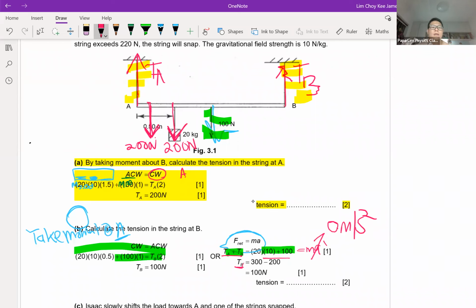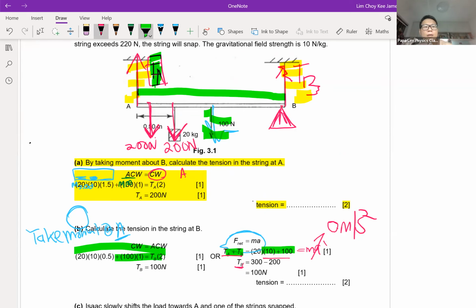So what we are looking at is, as I shift to A, the tension in string A, how does it change? This is most straightforward, as in, it's most obvious when I take the moments about pivot B. When I take the moment about pivot B, you'll find that my TA perpendicular distance remains the same.